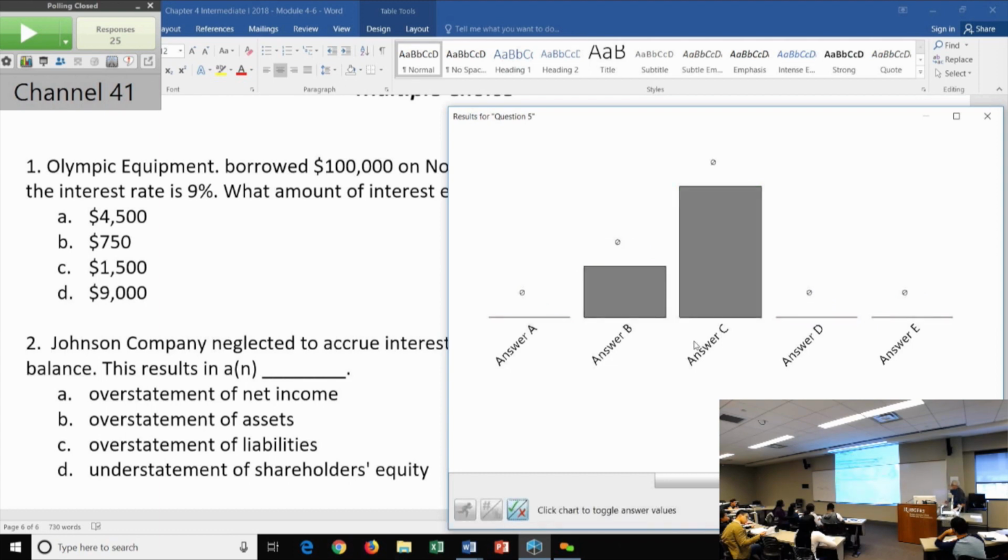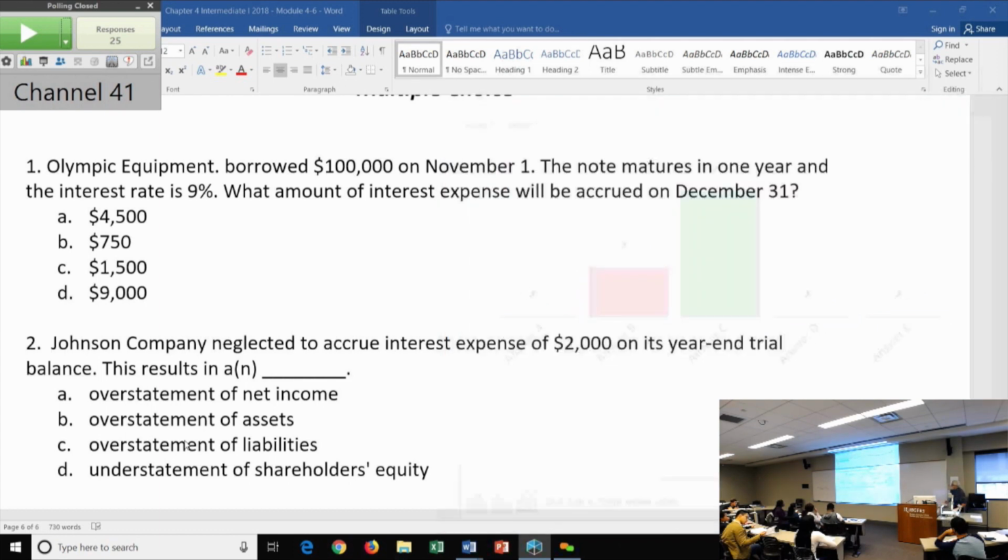You had a $100,000 note. It's 1 year, that's why I put that in there. 9%, $9,000 per year over a 12-month period is $750 every month. The note accrues interest from November 1 to the year end. 2 months times $750 is $1,500. It's perfect, and the majority of the class got that correct.